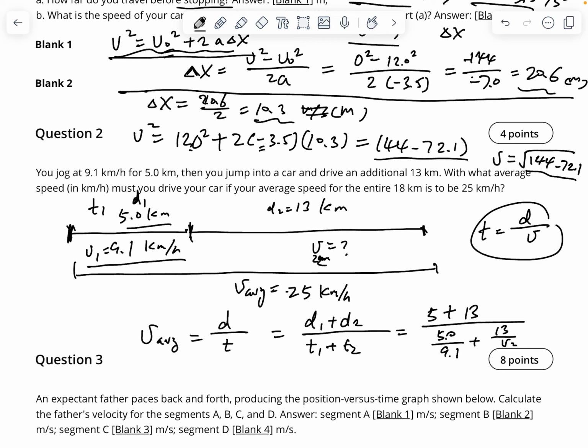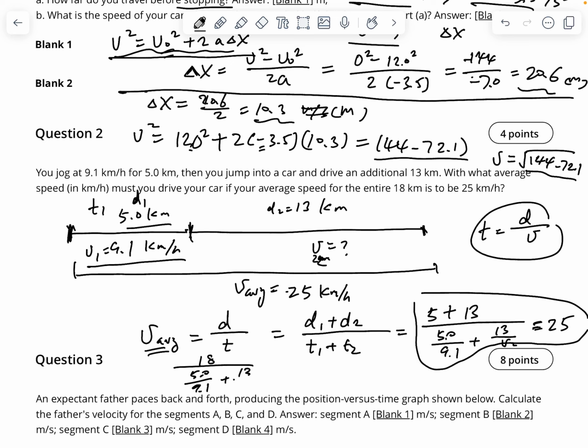And the average speed of the whole trip equals 25. So you solve this equation: 18 divided by 5.0 over 9.1 plus 13 over V2 equals 25.